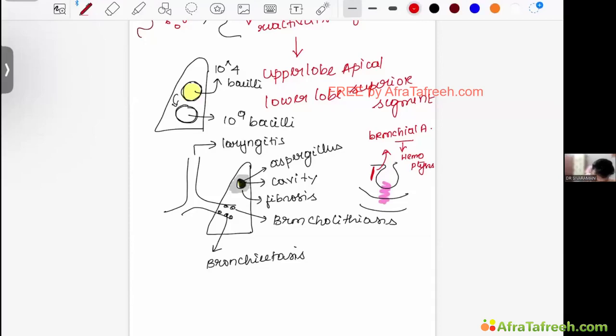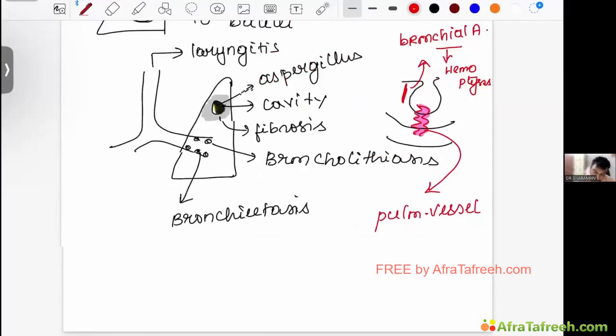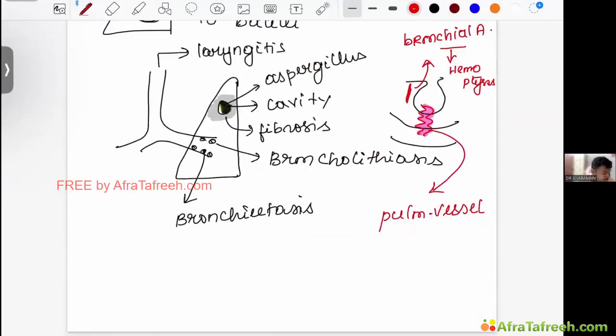But whenever it ruptures into the pulmonary vessel, where will the bleeding come from? The bleeding is going to come from the pulmonary artery. Whenever this caseous material ruptures into the pulmonary vessel, the bleeding comes from the pulmonary vessel.